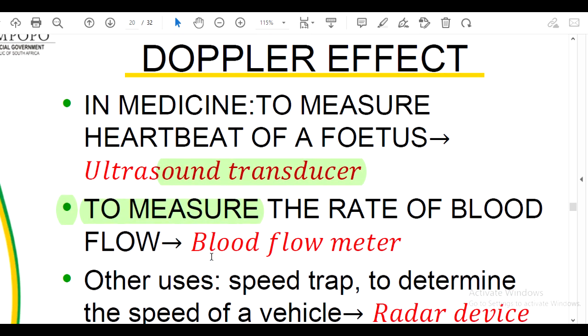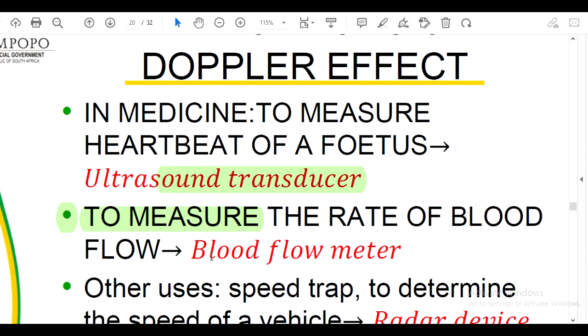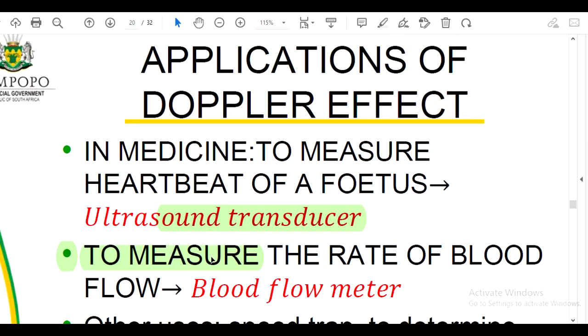So now the applications of Doppler effect. The one that they like to ask in exams is the application of Doppler effect in medicine, right? To measure the heartbeat of a fetus. The instrument that they use is the ultrasound transducer.